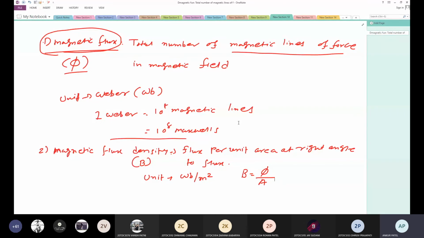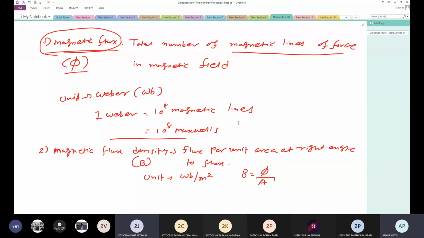According to the electromagnetic induction theory. Anyone want to say the statement of Faraday? Change in magnetic flux is proportional to the current induced in a loop.